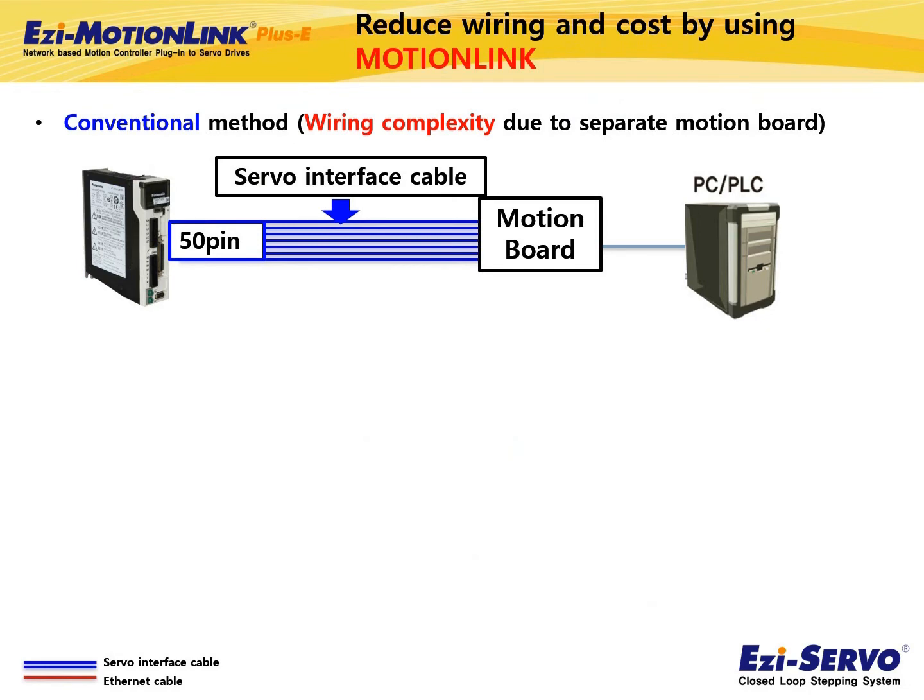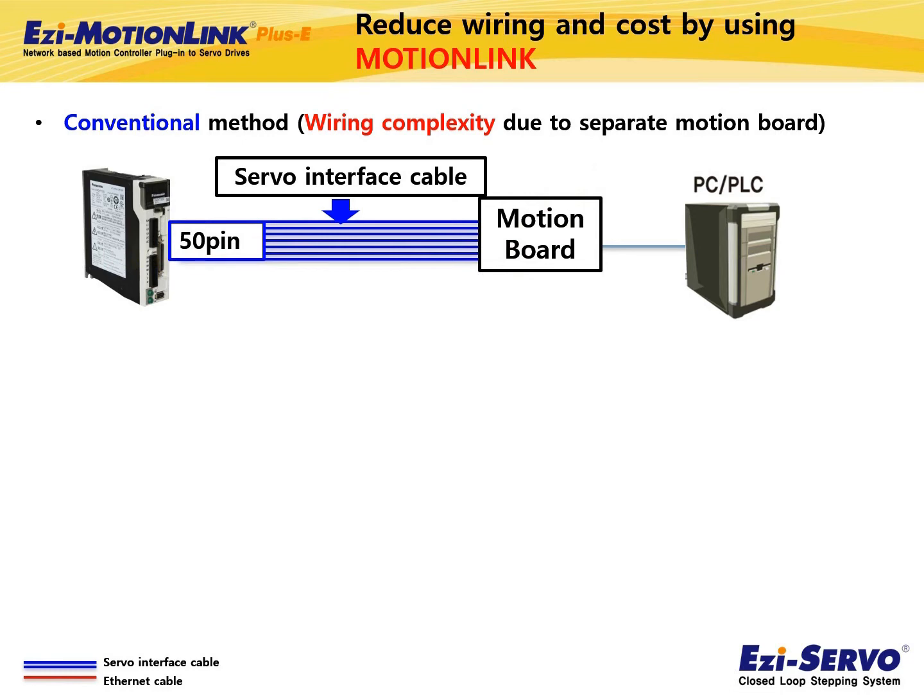As previously explained briefly, conventionally, a separate motion board was required to control the 5-axis of the AC Servo, and wiring was complicated because a long and many bundles of wires had to be connected to the motion board through the servo interface cable of the AC Servo drive.